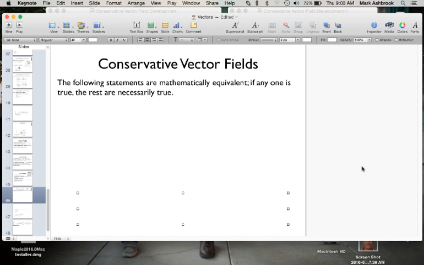All right, so let's do something in 3D here. Last time we talked about an example of a conservative vector field. The force field that you're living in right now is a conservative vector field. And everyone's force field is different. Why?